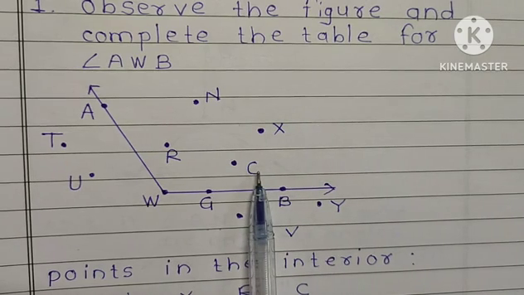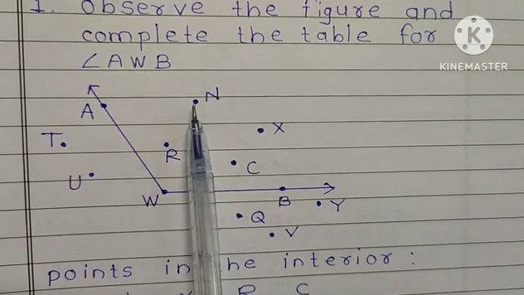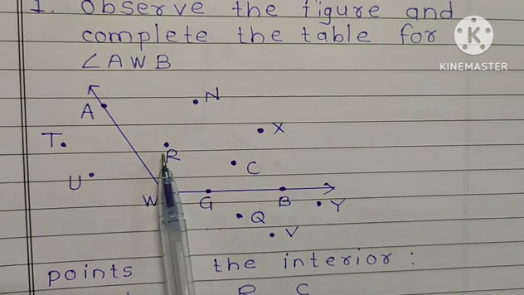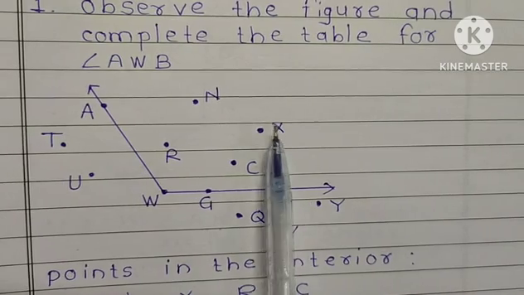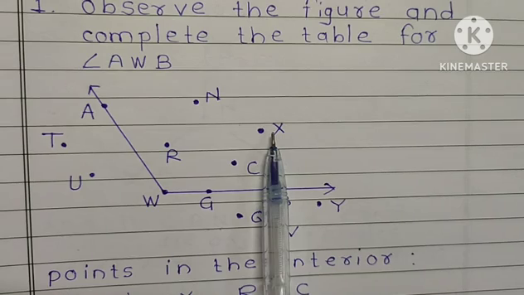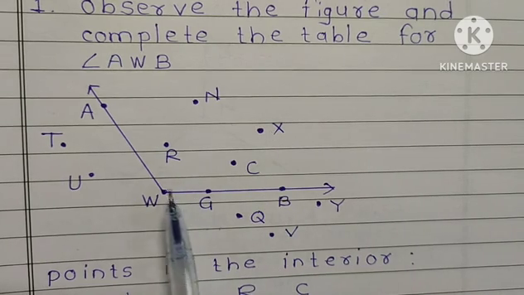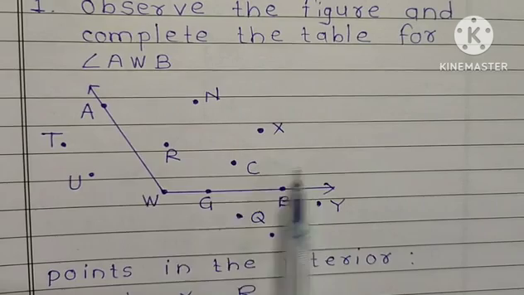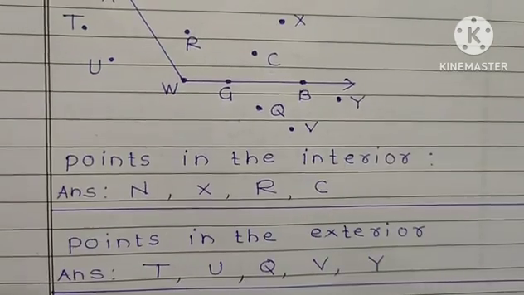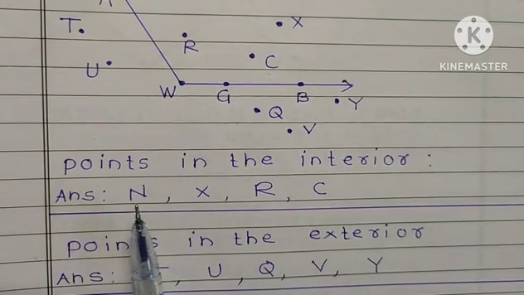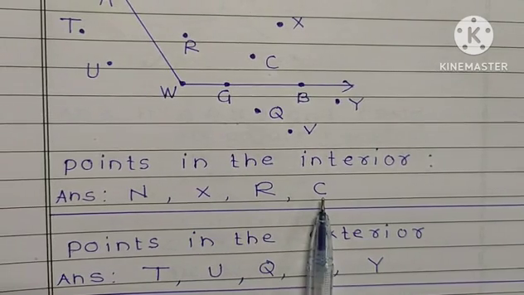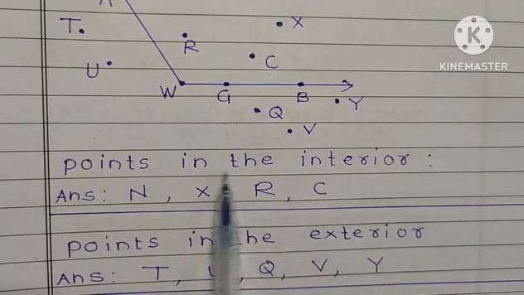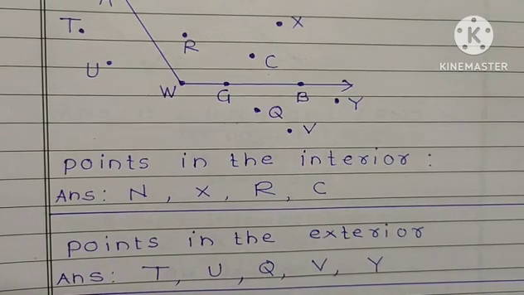So, we have to write the interior points N, R, C and X. These are 4 points which are in the interior part of this angle. So you write the answer: points N, X, R and C are points in the interior.